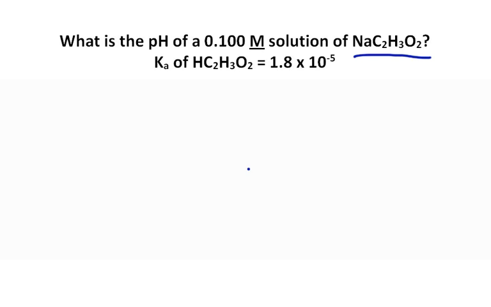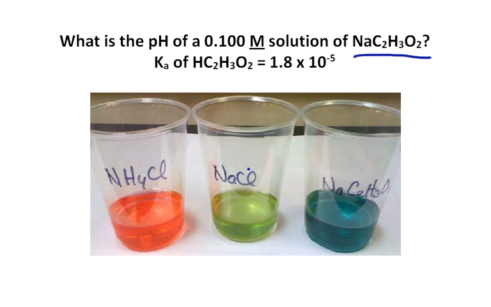If we look at some solutions, here we have a green solution, and that is water with a little bit of universal indicator in it. If we put salt into the water, some salts don't change the pH at all. So here's a situation. Here's sodium chloride. Turns out sodium chloride does not change the pH. The pH of that would stay 7.